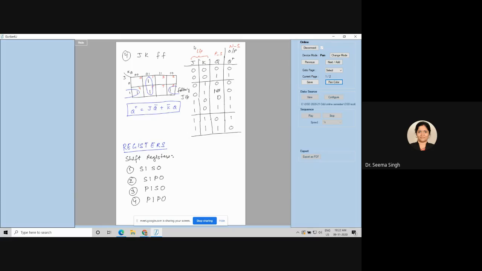So these are the 4 ways in which the data can be transferred from the stored registers. So that is why we call it a shift register, because the data whatever is stored should move out also. That is how the data shifts, which comes under shift register.